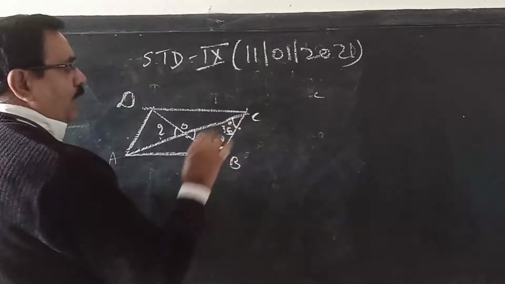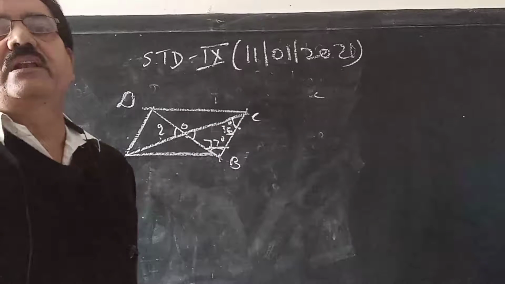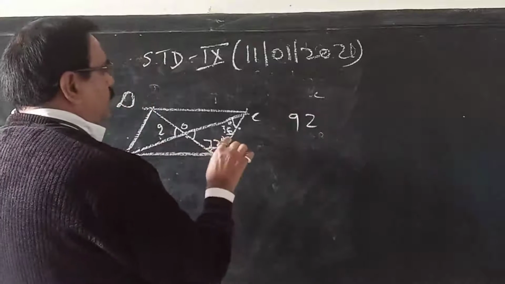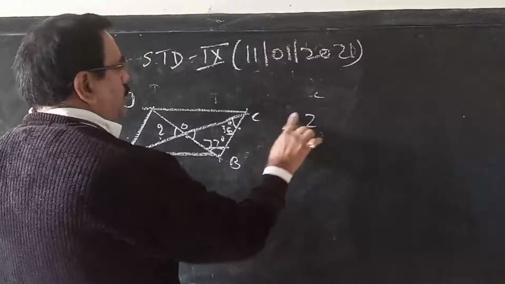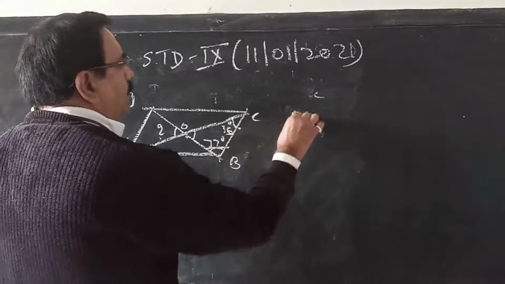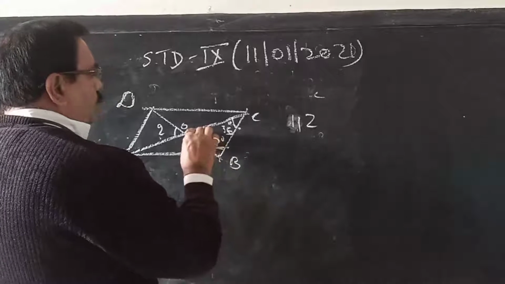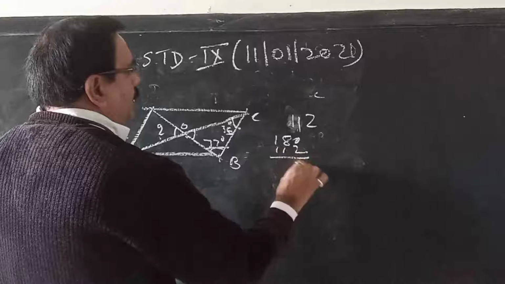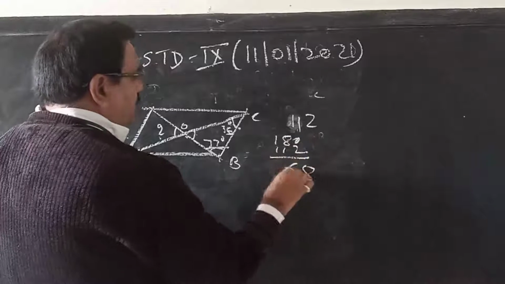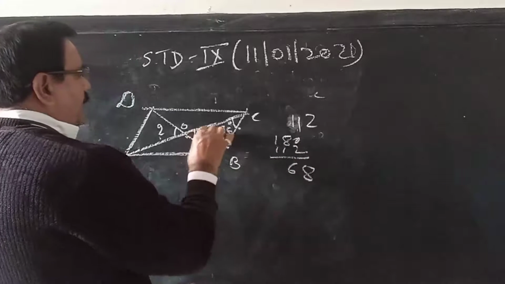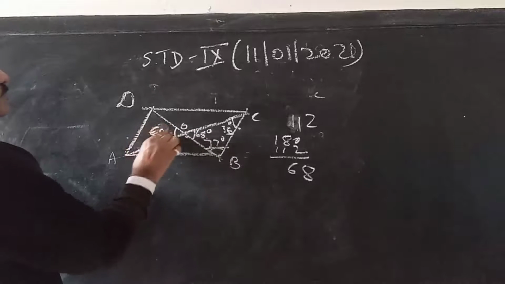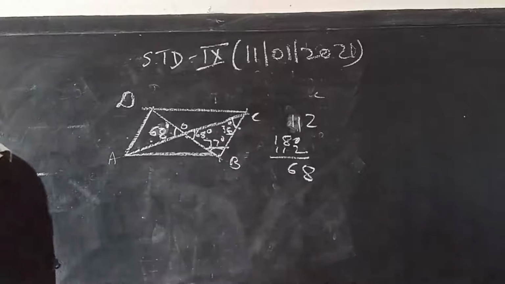So add these two angles and subtract from 180. 35 plus 77 is 112. So what is the measure of the third angle? 180 minus 112 is 68 degrees. This angle is the vertically opposite angle, so this one is also 68 degrees.